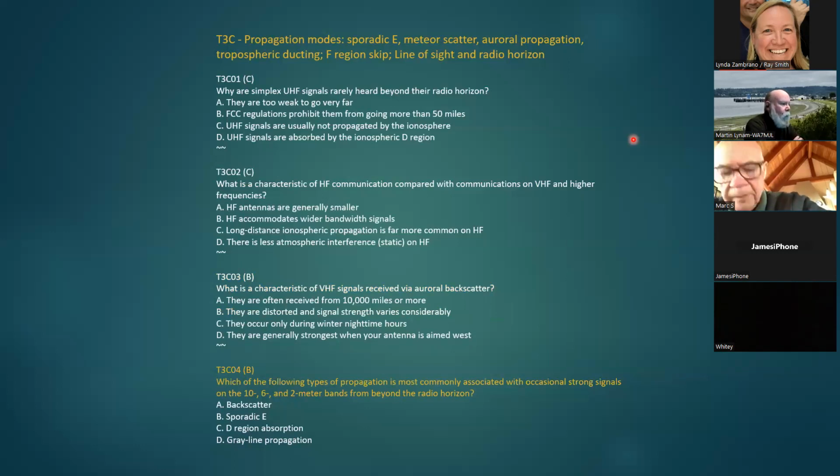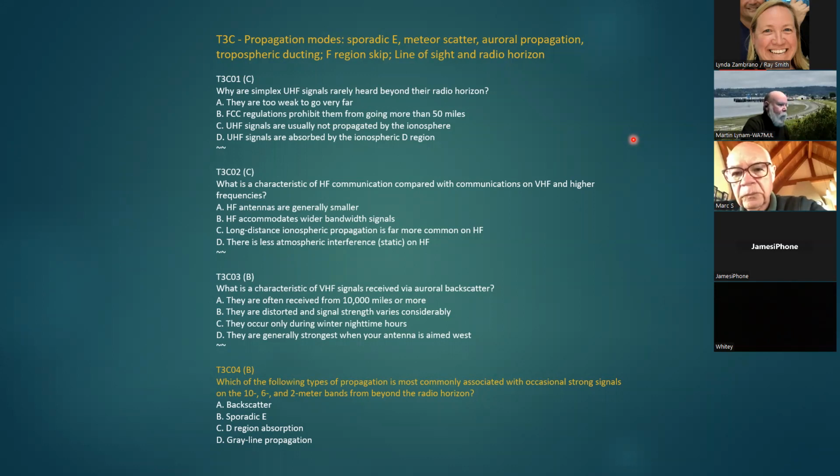C04, which of the following types of propagation is most commonly associated with occasional strong signals in the 10, 6, and 2 meter bands from beyond the radio horizon?